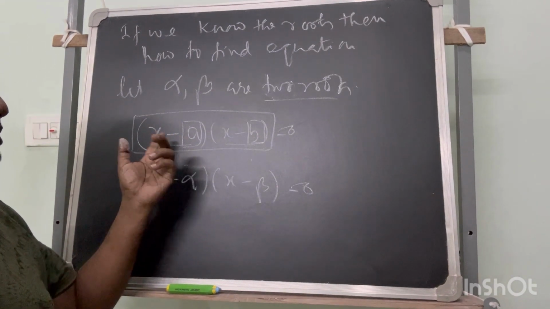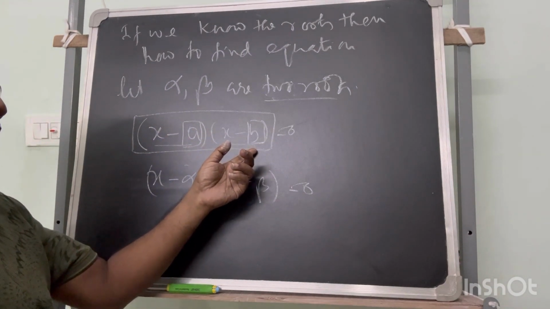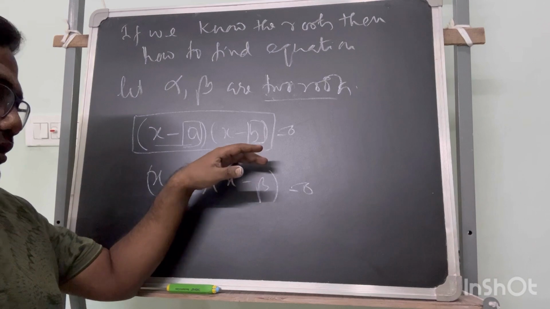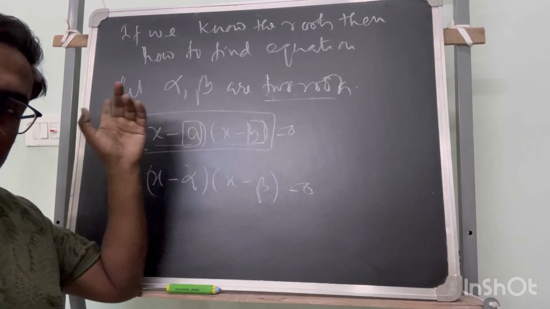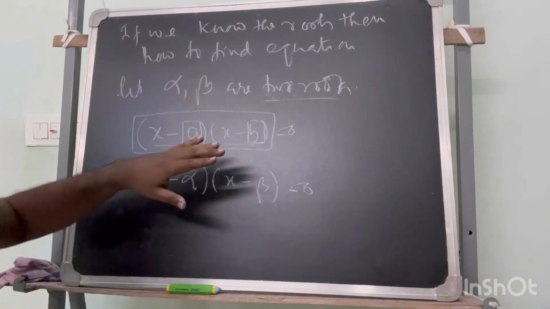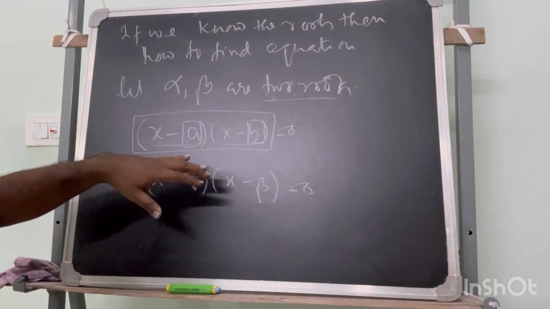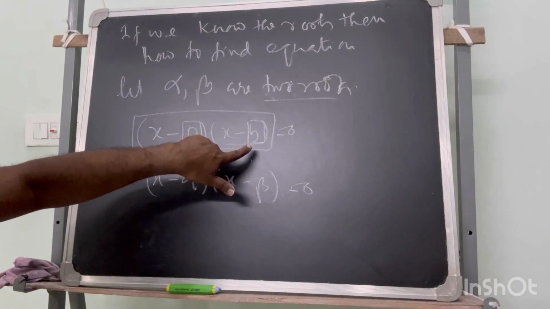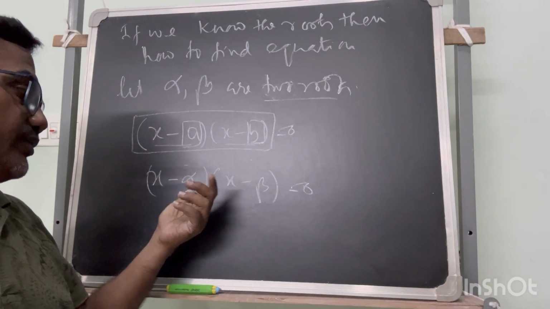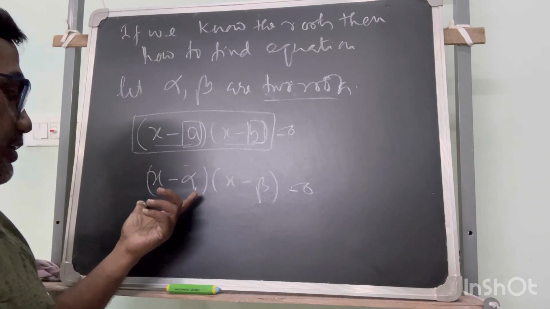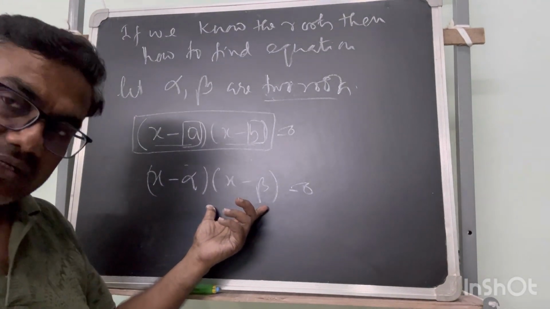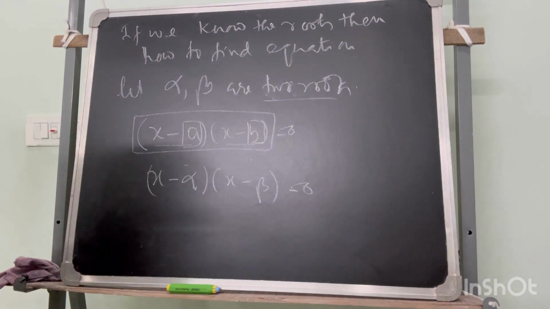Similarly, as I know that alpha and beta are the roots, x minus alpha and x minus beta are the factors of this equation.